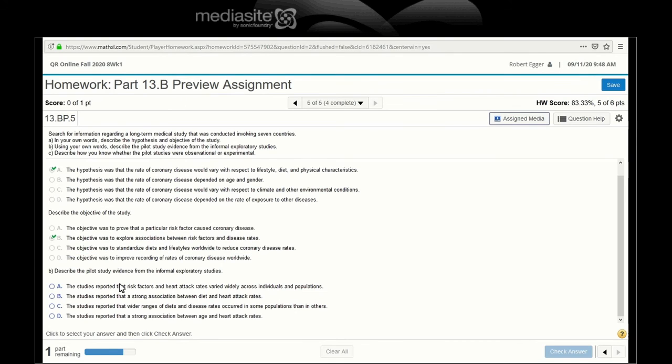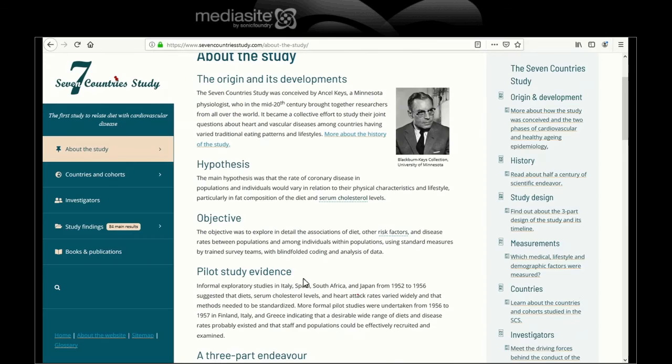And finally, describe the pilot study evidence from the informal exploratory studies.